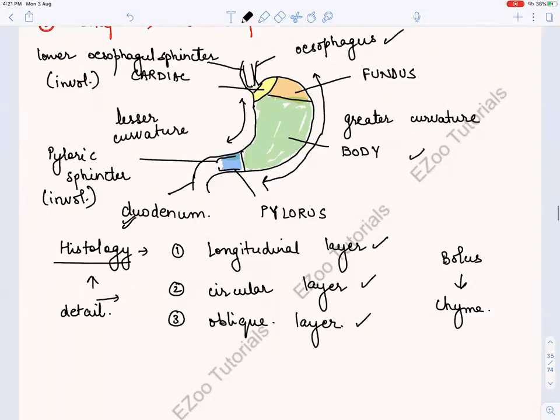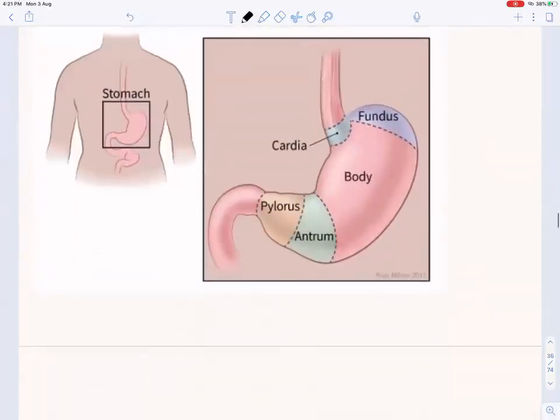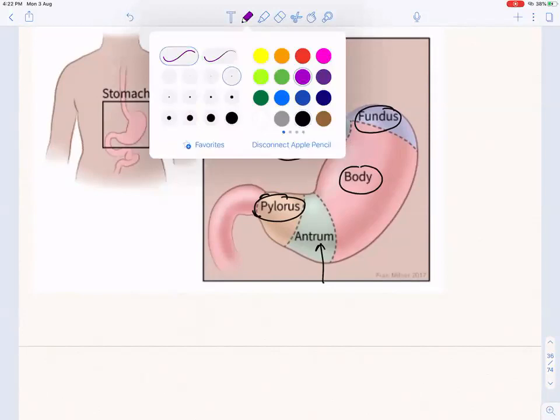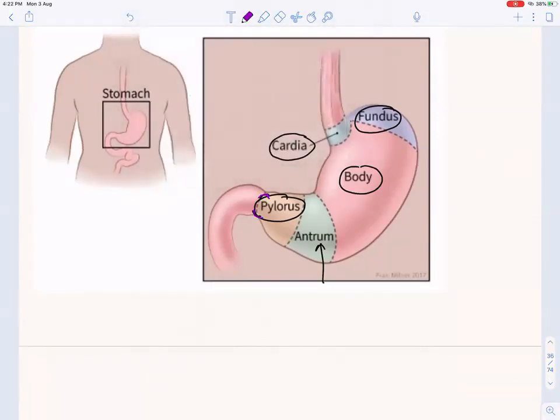Now let us do, see, this is the stomach. I just told you cardiac, fundus, body, and pylorus. This is given in your NCERT. So I am just telling you what this antrum is. It connects to the pyloric canal, right? This is the sphincter that we are talking about, that is helping the food pass from the stomach to the duodenum.